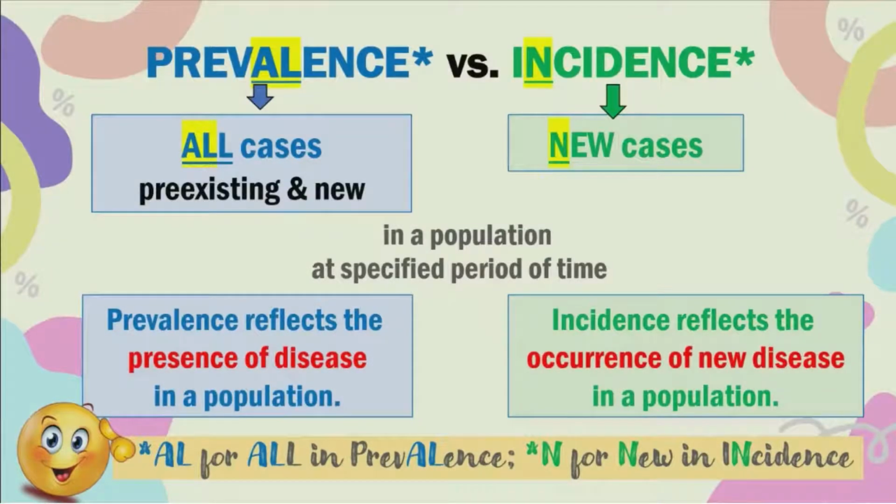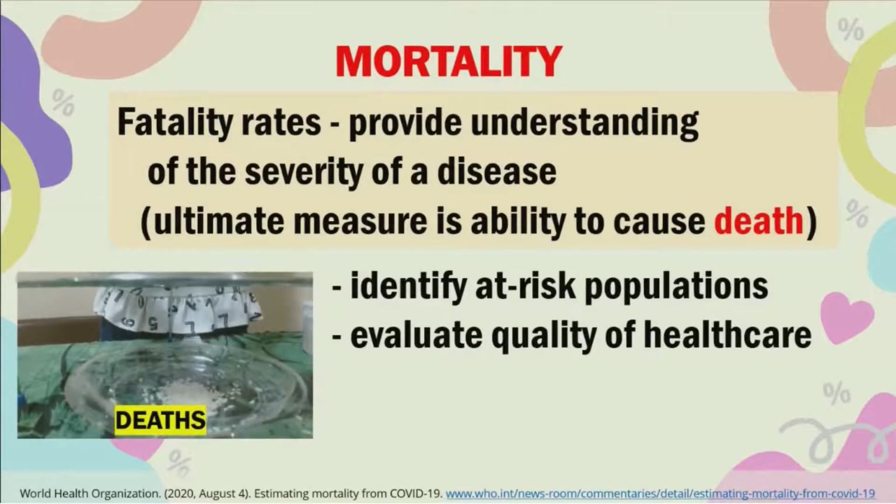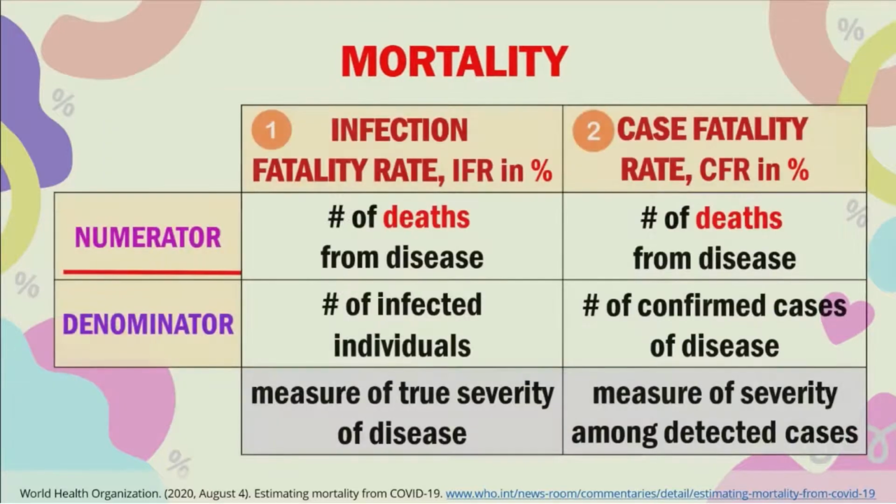Prevalence and incidence are the 2 primary measures of morbidity. Take note of their differences. Meanwhile, fatality rates describe the severity of a disease. The IFR and CFR are the measures used to assess the proportion of infected individuals with fatal outcomes.